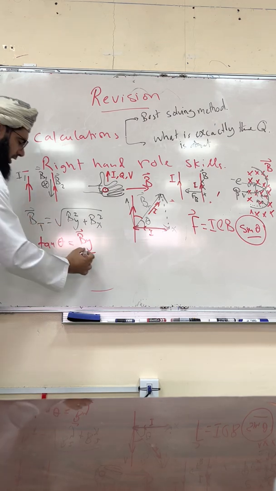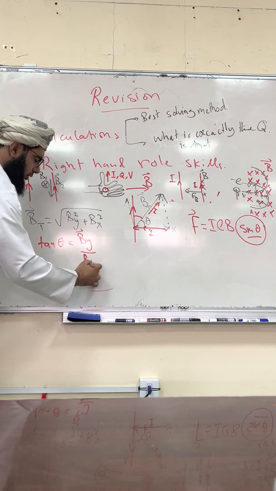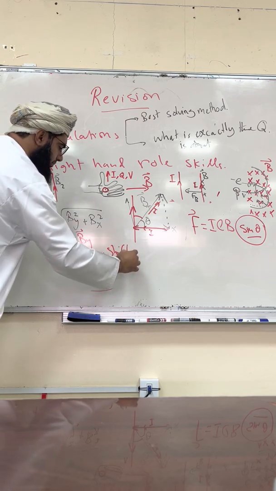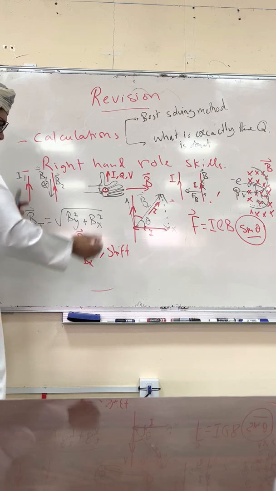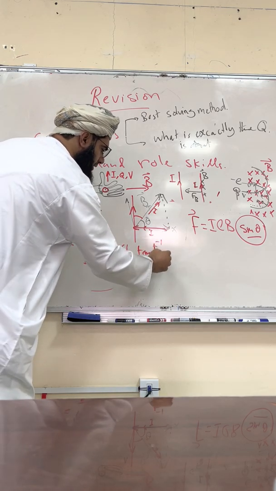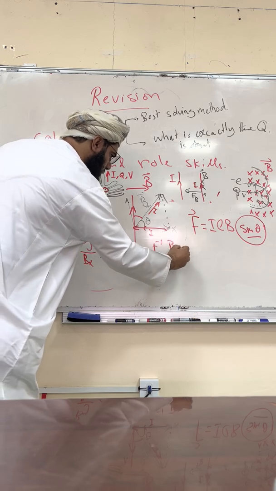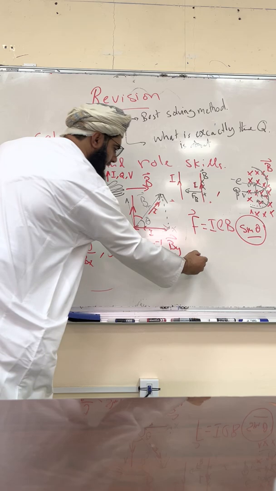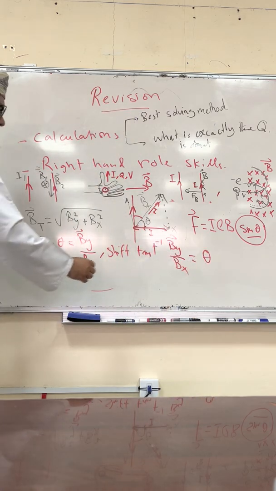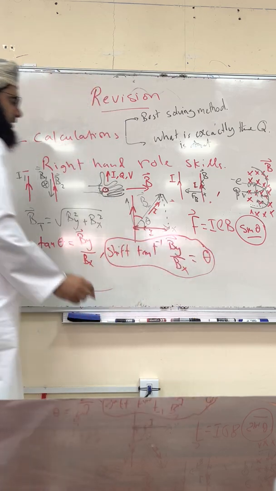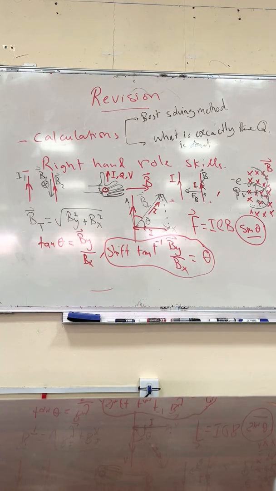So it depends actually on what you are looking for. Okay, and then from here you can get, shift, as you know, tan inverse of this one, Py over Px. Okay, from here you can get the theta. So this is the way to find theta from the calculation, from the Pythagorean theorem.